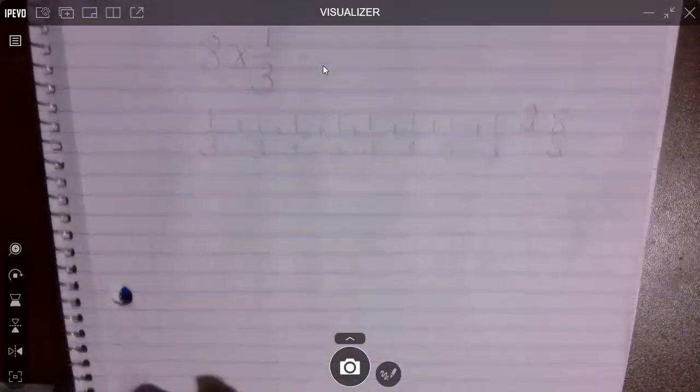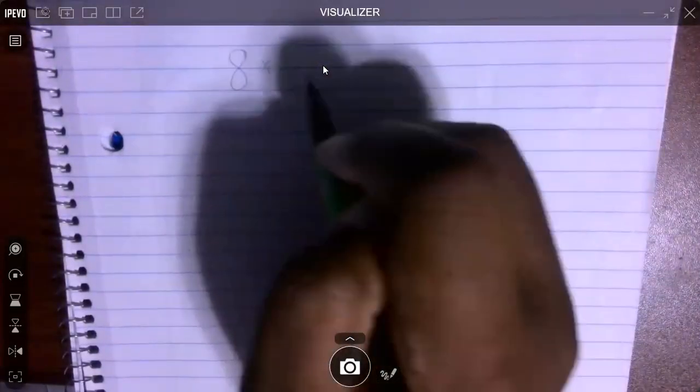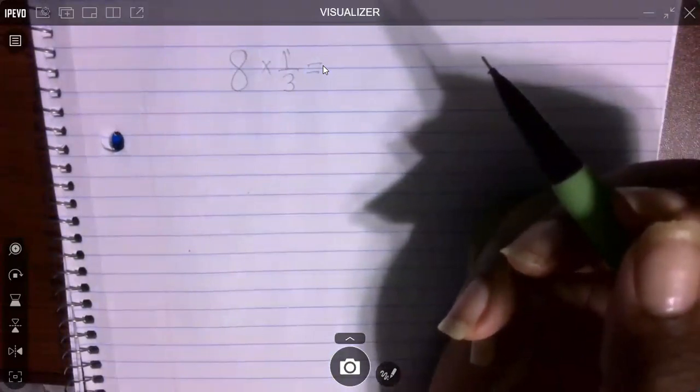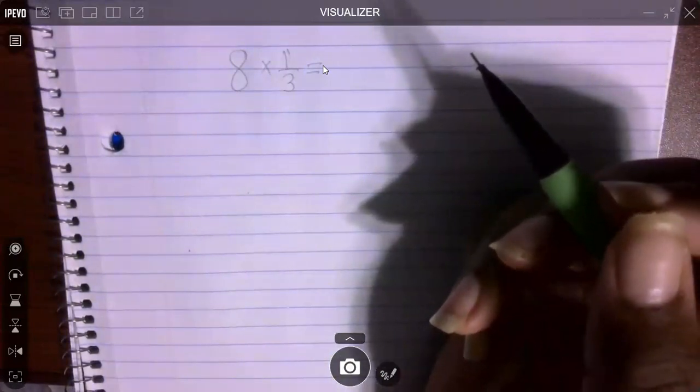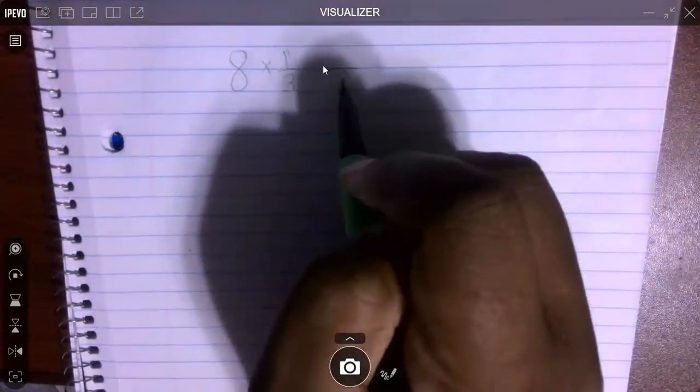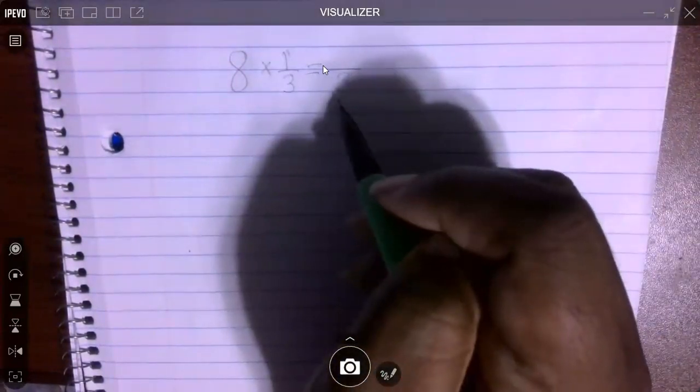Our second strategy will be using multiplication. I'm going to use the exact same problem, 8 times 1/3 equals. Now, the same as with adding, when multiplying fractions by a whole number our denominator does not change, so my denominator is going to stay a 3.